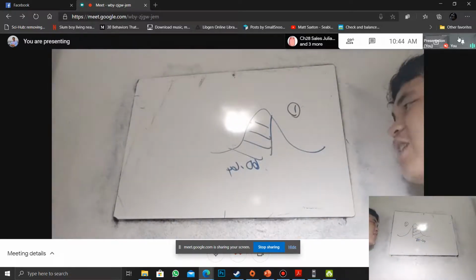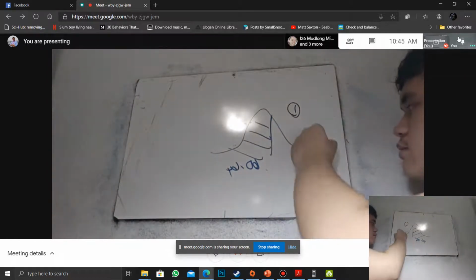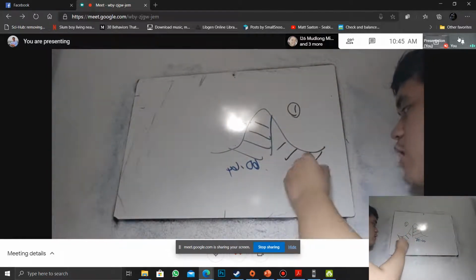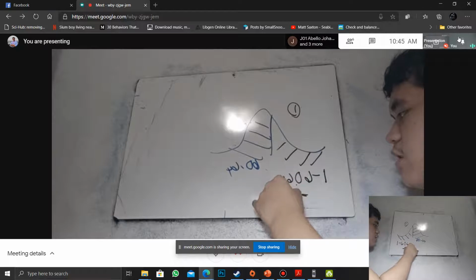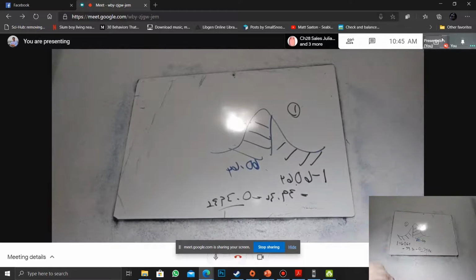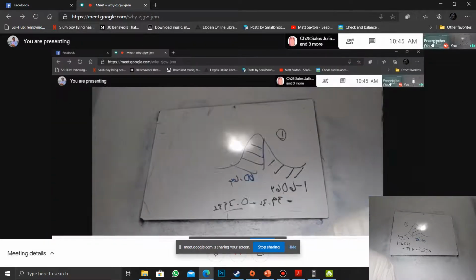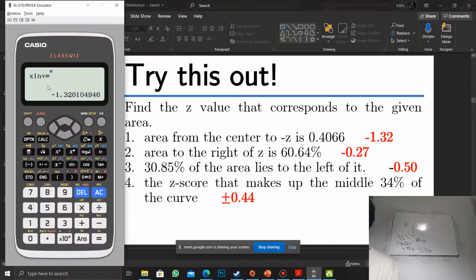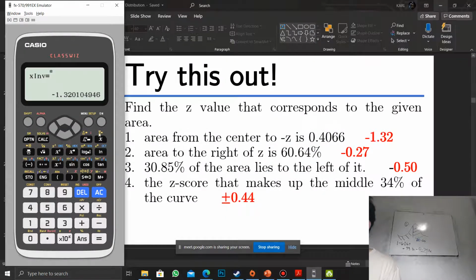So, kailangan natin kunin yung area sa left, which is 1 minus 60.64 equals 39.36. Or rather, 0.3936, kasi we're dealing with decimals dito. Percentage yun kanina. So, papasok natin yan sa inverse normal. 0.3936, negative 0.27.